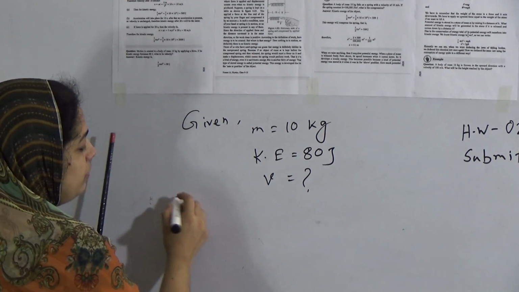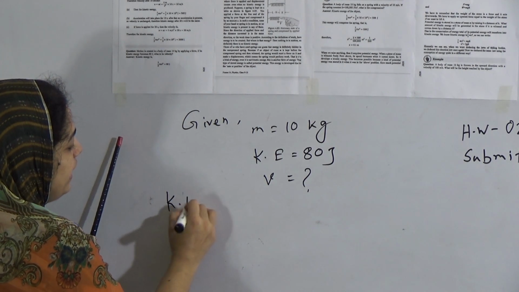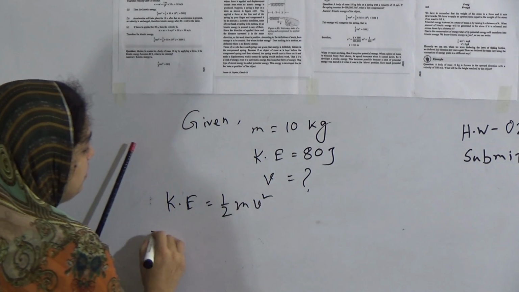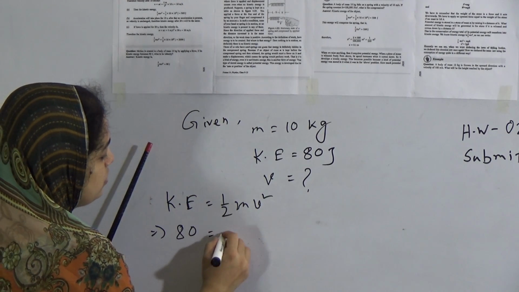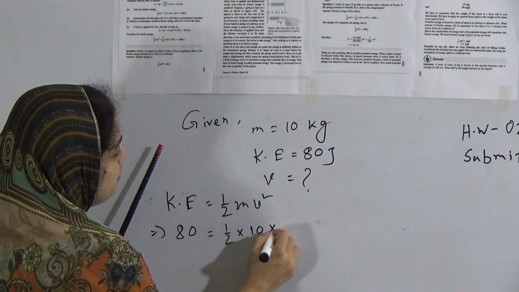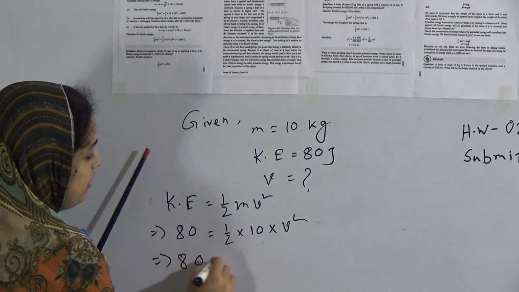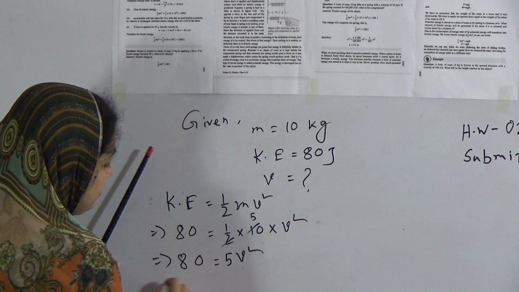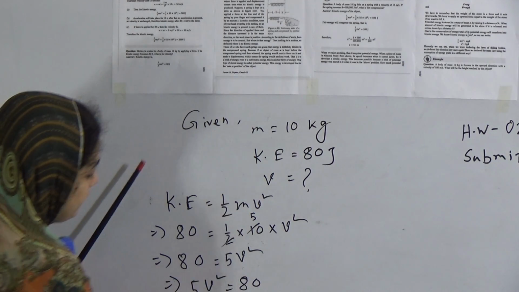My dear students, now we know the formula: kinetic energy Ke equals half m v square. So here given kinetic energy is 80 joule equals half into m, which is 10, into v square. So 80 equals 5 v square. So 5 v square equals 80.